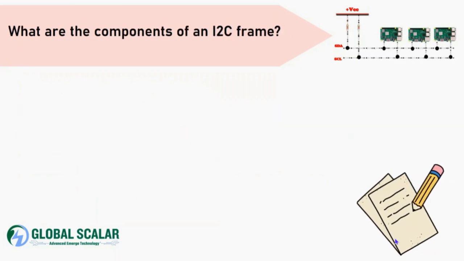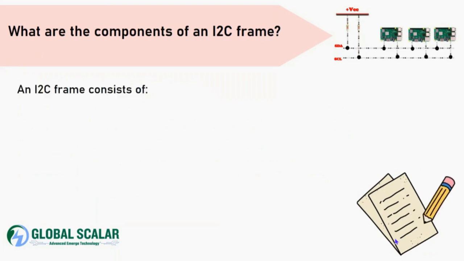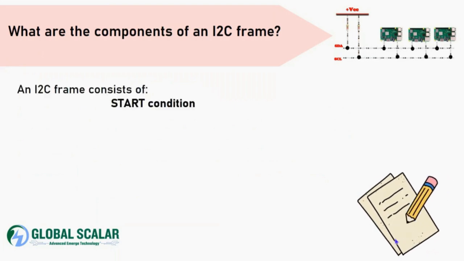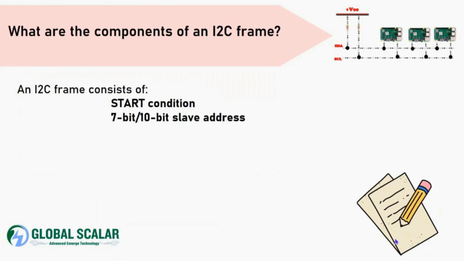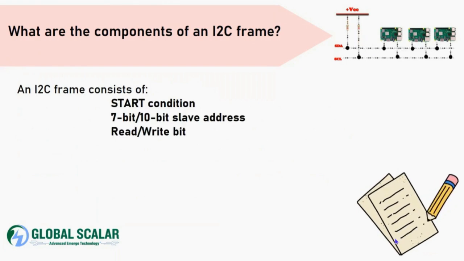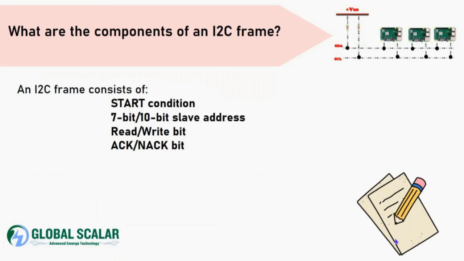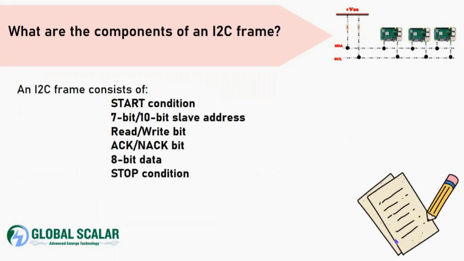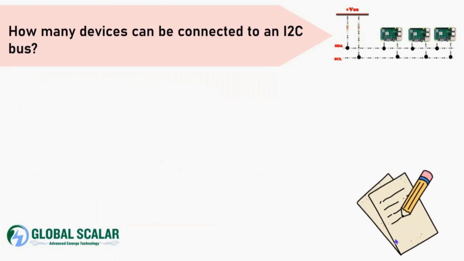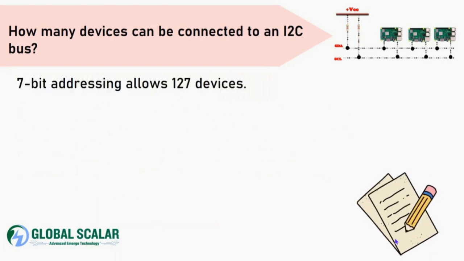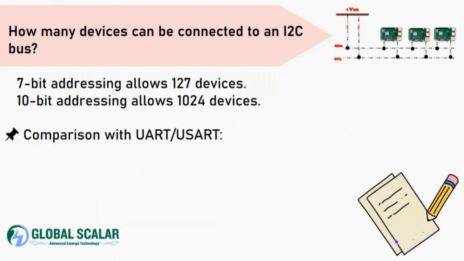What are the components of an I2C frame? An I2C frame consists of the start condition, 7-bit or 10-bit slave address, read-write bit, acknowledgement bit, 8-bit data, and stop condition. How many devices can be configured to the I2C bus?